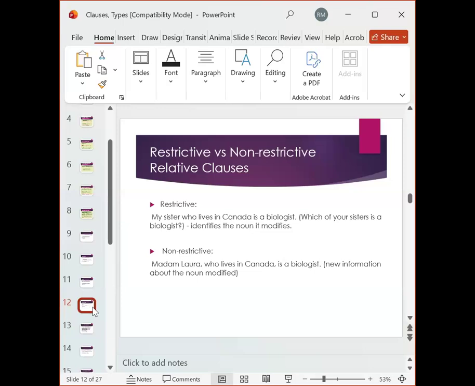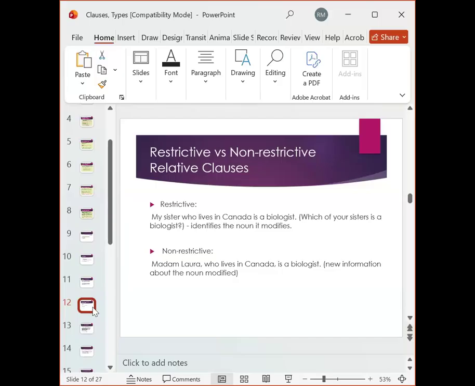And grammarians have argued it out, and they concluded that usually with the non-restrictive or non-defining relative clauses, often the noun it's modifying is a proper noun, because a proper noun identifies itself, okay? Just by being a proper noun, it identifies itself.